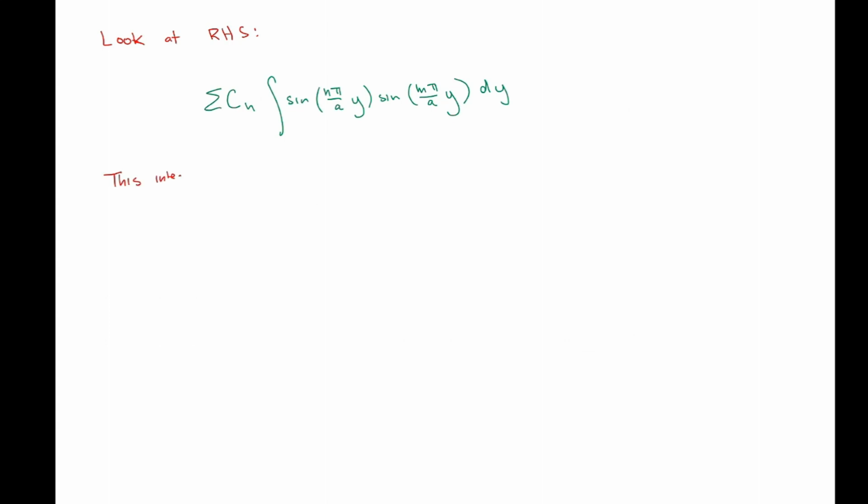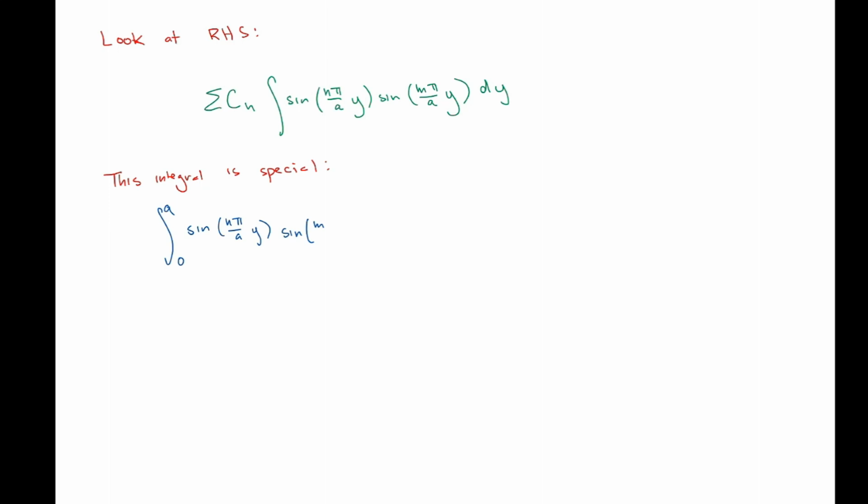Okay, so that tells me that this integral, it's special, okay, it goes along with this Fourier sine series because when I do the integral from a to 0, it's got two possible solutions.